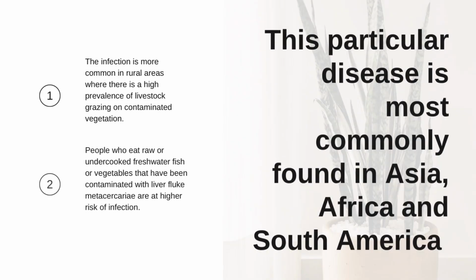People who eat raw or undercooked freshwater fish or vegetables contaminated with liver fluke metacercariae are at a higher risk of infection. This particular disease is most commonly found in Asia, Africa, and South America.